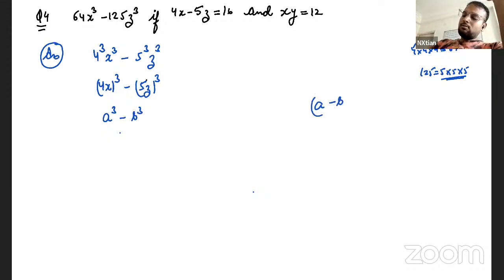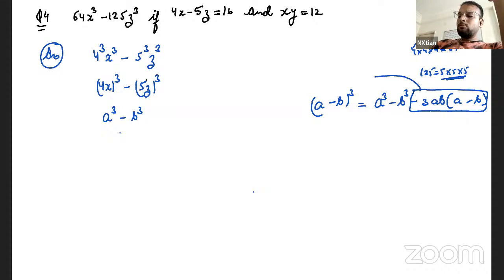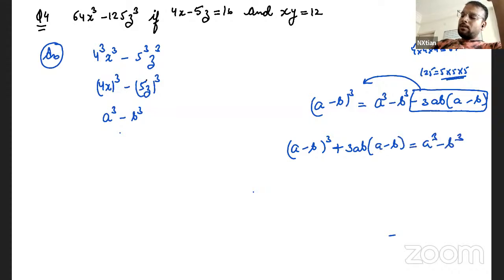What is a minus b whole cube? It's a cube minus b cube minus 3ab into a minus b. This is the property. Now if I send this whole term to the other side, it will become plus. It will become a minus b whole cube plus 3ab into a minus b is equal to a cube minus b cube.